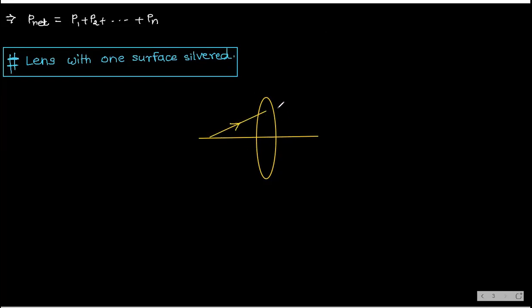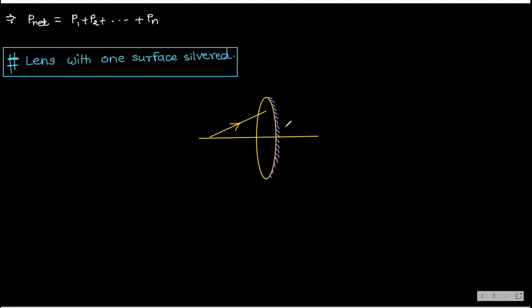And this part means this side of this lens is silvered. This side we have silvered. Now how will it behave? Tell me how it will behave.